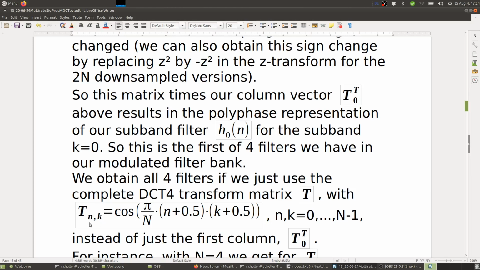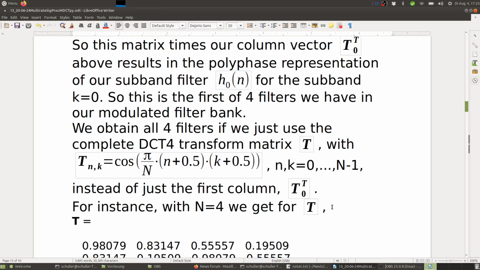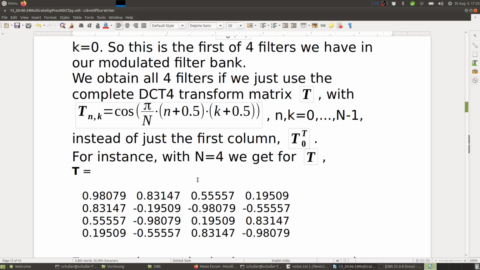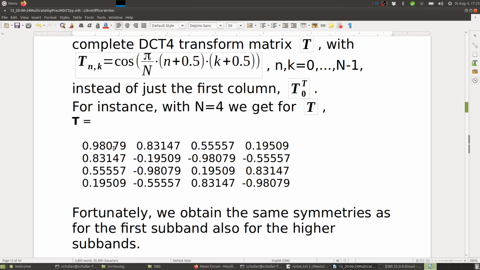So now we have Tnk, so not just k equals 0, but also the other k's. K goes from 0 to n minus 1, instead of just the first column here. For instance, with n equals 4, for T we get this matrix. So here we have the first k equals 0, this k equals 1, 2, and 3.